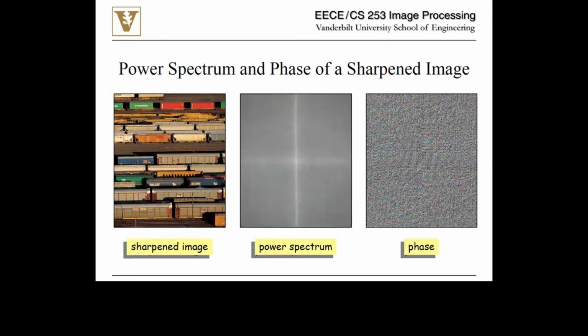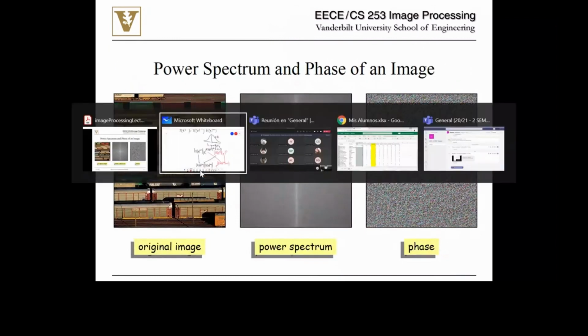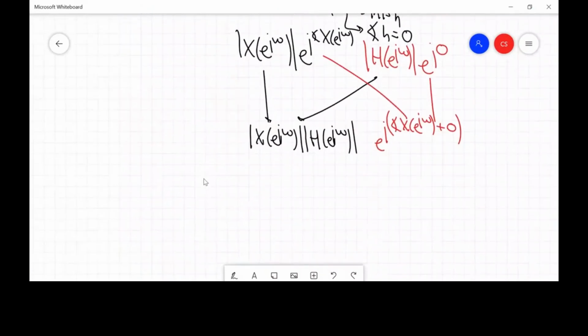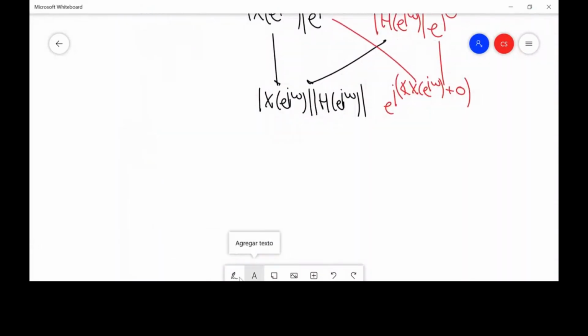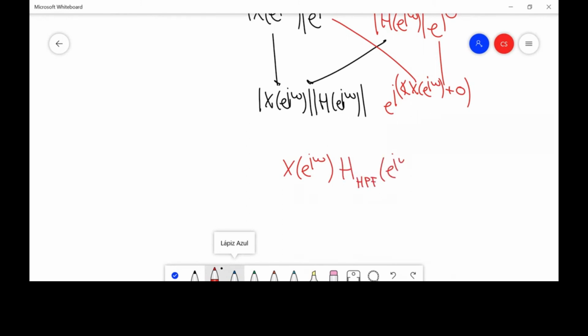Okay, so this is the original image and sharpened image. So what is a sharpened image? Let's say that I take an image and I apply a high-pass filter. If you take an image and apply a high-pass filter, what do you get? The borders, right?